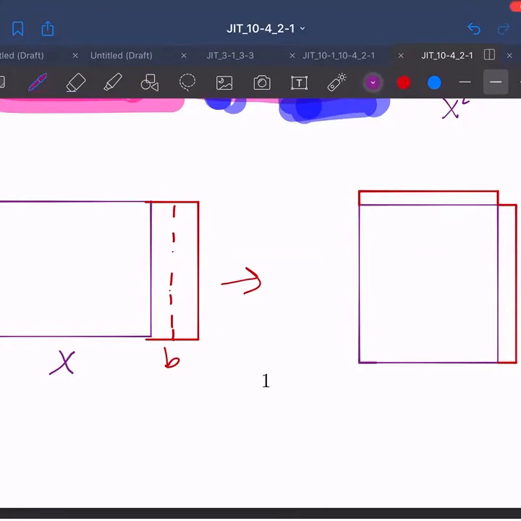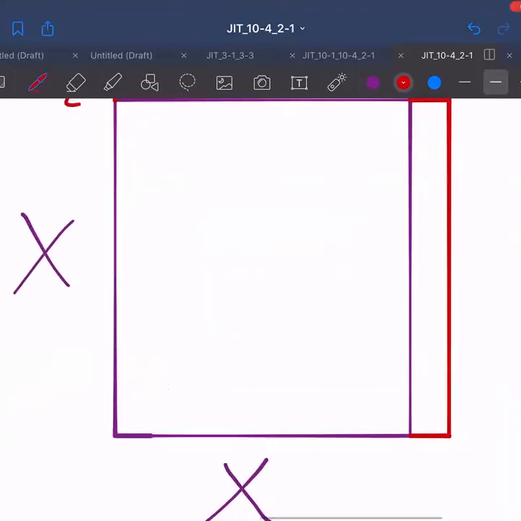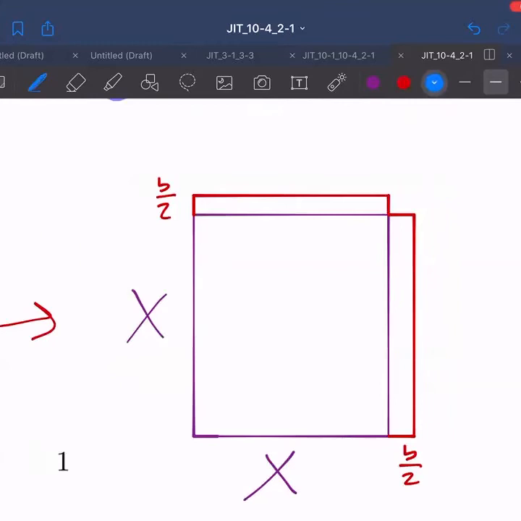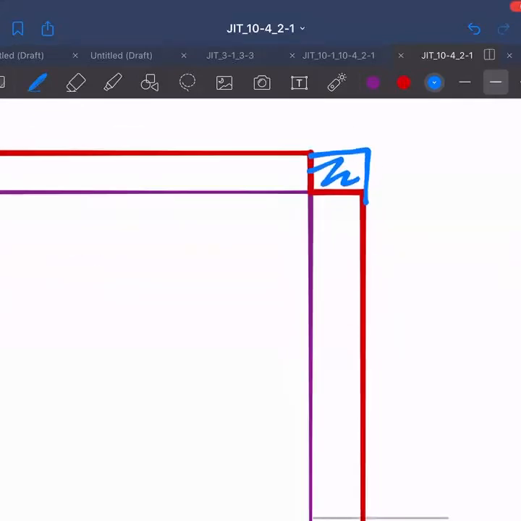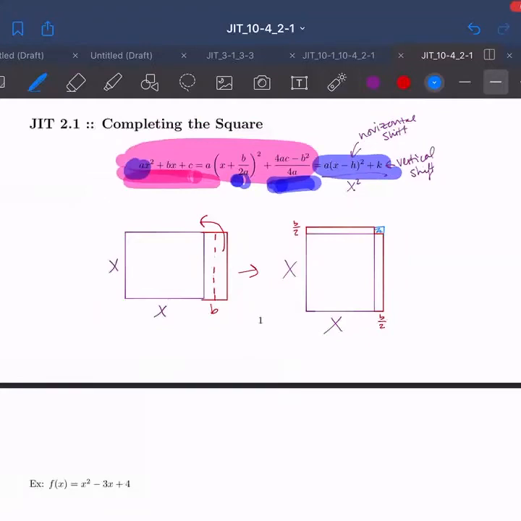So we've got our square of length x, and then we've taken this b and split it in half and dragged one of them to the top to make it a square. So this is of length b over 2, b over 2. And what we're looking for in completing the square is this piece over here. That's what we're really doing when we complete the square, just so you know.